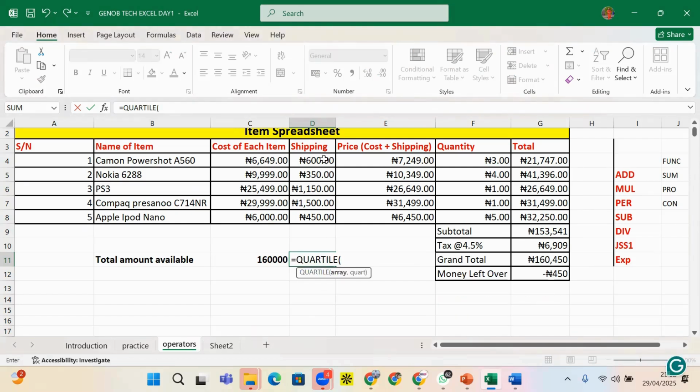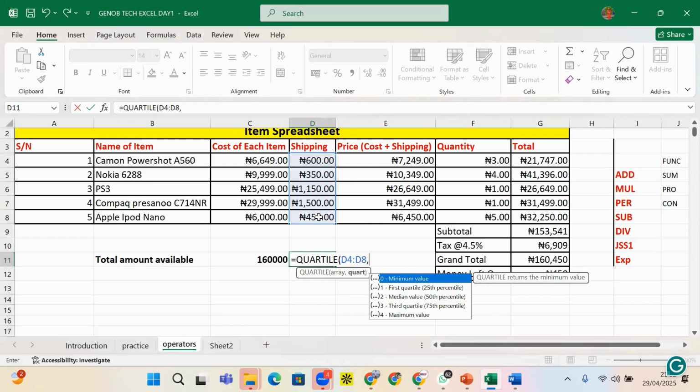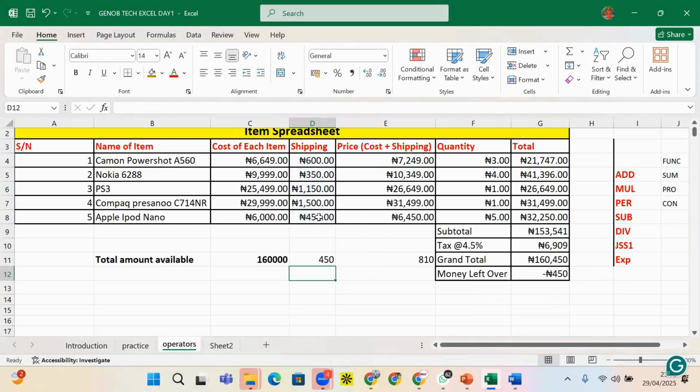I enter the array and the first quartile, which is 1. It will give me the first quartile, which is 450, right? That's like the minimum.